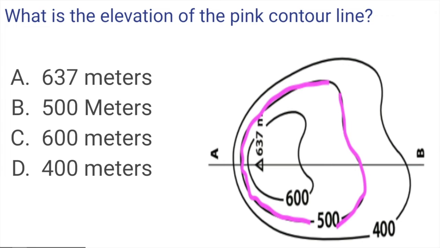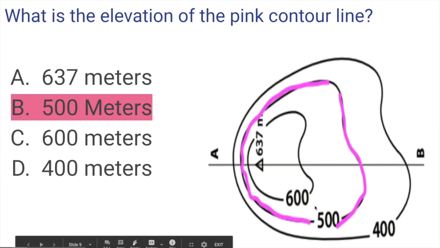Now let's take a look at question number 2. We are looking at this picture of a topographic map. Let's look at the pink line. What is the elevation of this pink contour line? The elevation of the pink contour line is 500.